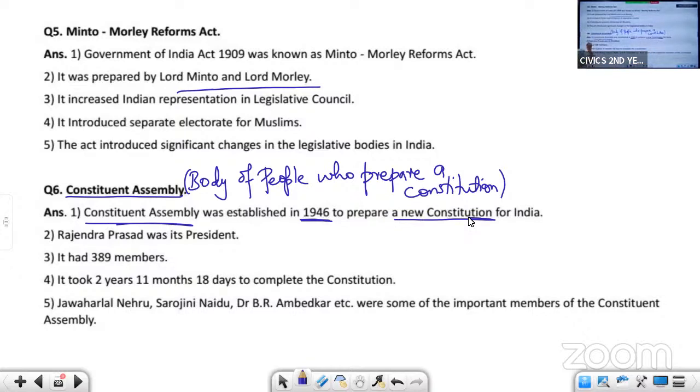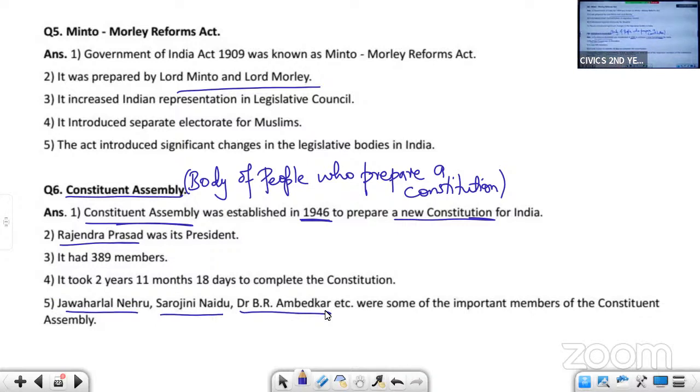Dr. Rajendra Prasad was the president of the Constituent Assembly, and it had 389 members. These 389 members were divided into different committees. The important leaders were Jawaharlal Nehru, Sarojini Naidu, Dr. B.R. Ambedkar.